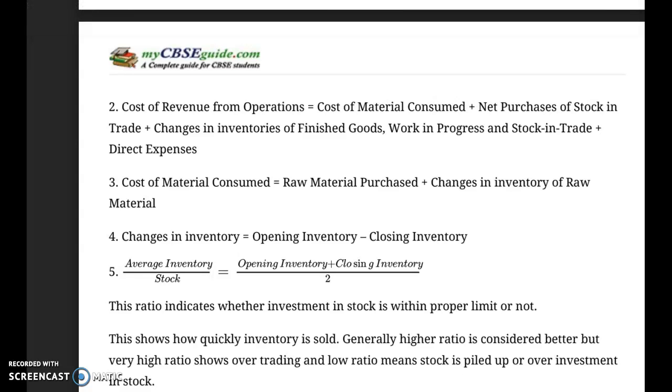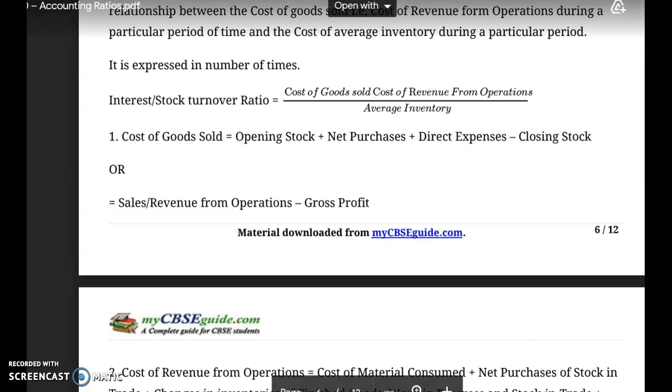If both are not given, you just take the stock and calculate the ratio. So this way we will calculate the inventory turnover ratio.